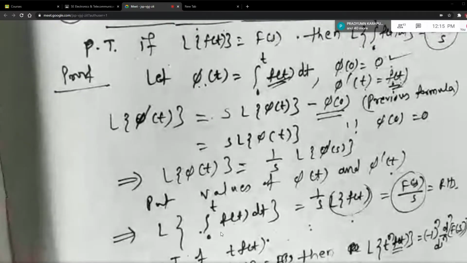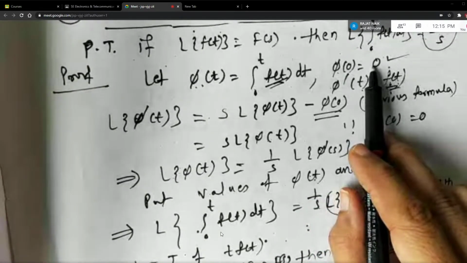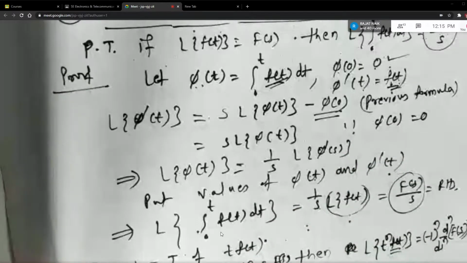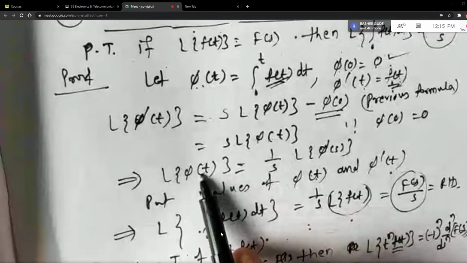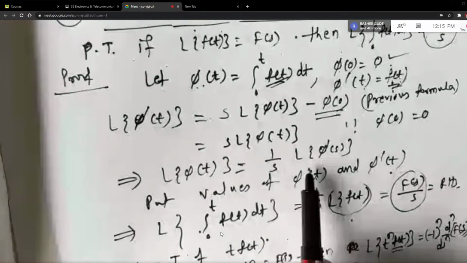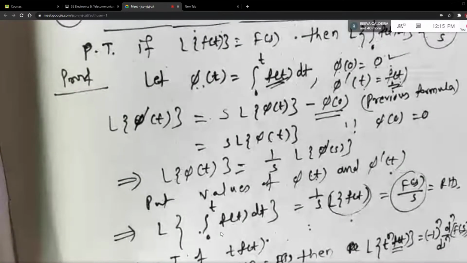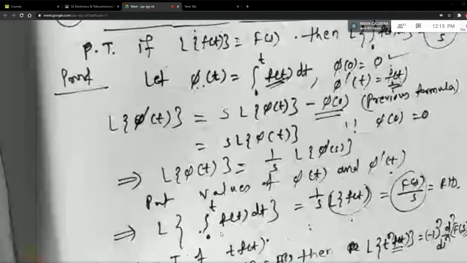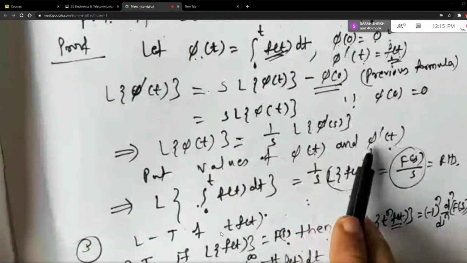But what is phi of 0 you got here? It is 0. And you get this, right? Now, L of phi of t I am writing on this side, and this s is cross multiplied, so it will go to the denominator, 1 by s L of phi dash of t. And now what is left is you have to put the values of phi of t and phi dash of t.